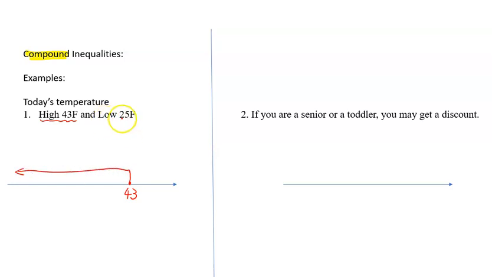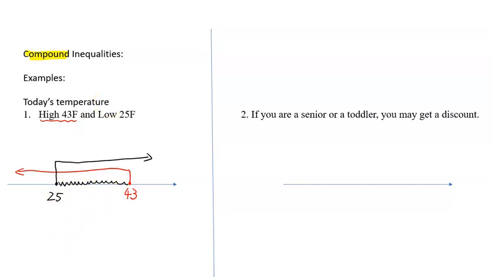And the lowest temperature is 25, so that means the temperature today is also going to be 25 and above. And notice that the actual temperature will be between 25 and 43.